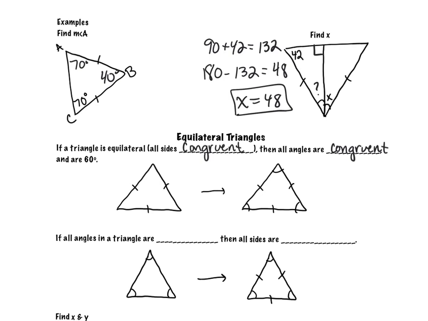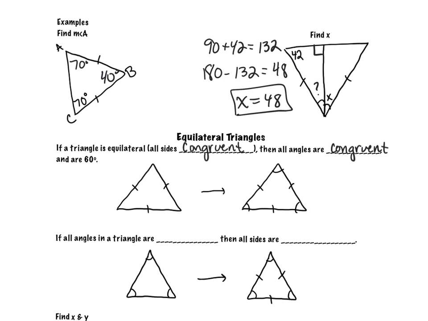So in equilateral, all sides and all angles are congruent, and all the angles have to measure 60. That should make sense because if there are three angles, 60, 60, and 60 gives me 180. So anytime you know three sides are congruent, you can say the three angles are congruent.